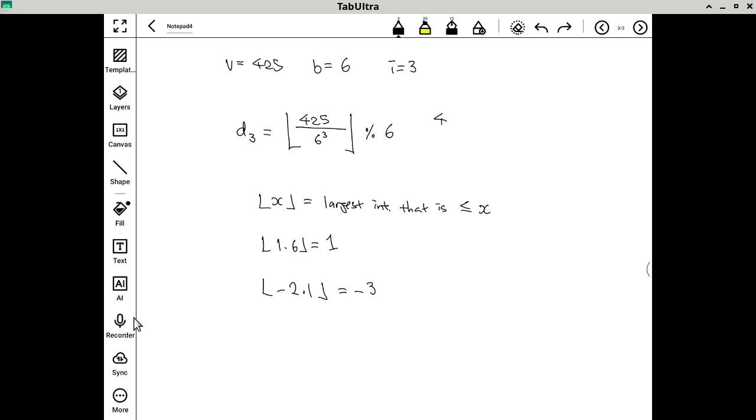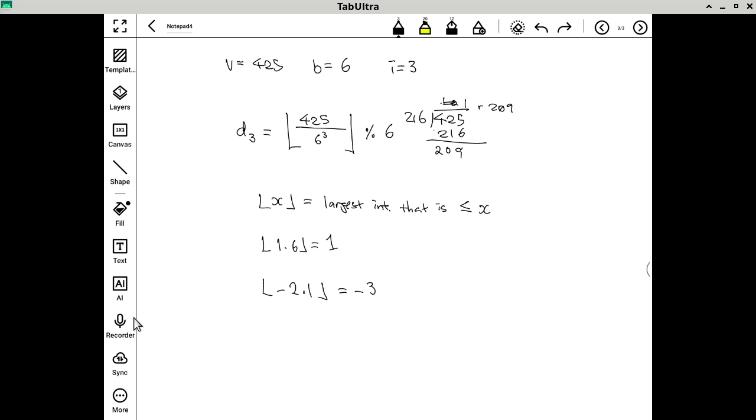So we have 425 divided by 216. So we have a 1 of 216, and then we have a 9 here, and a 0 and a 2 here. So we have none of that. Oh, what am I doing here? We have a 1 here with a remainder of 209.